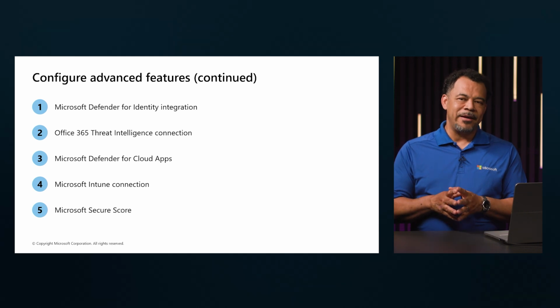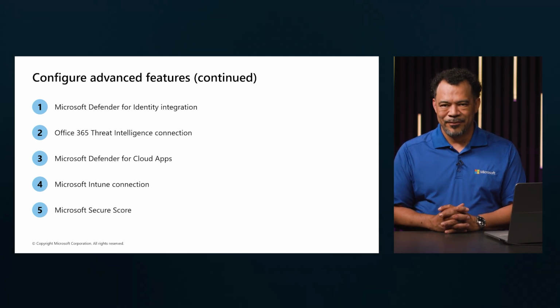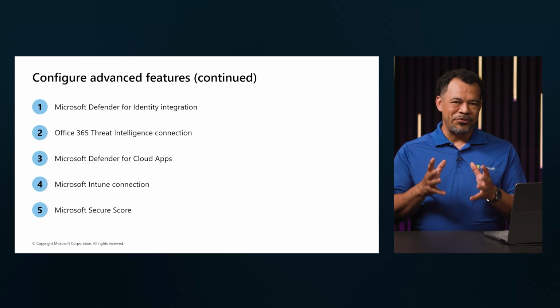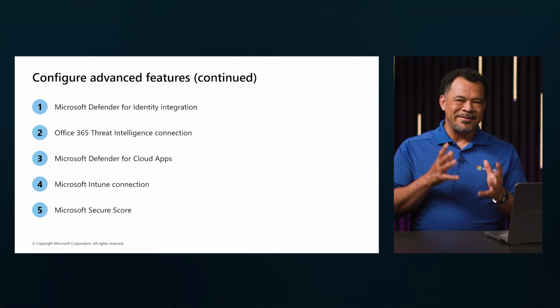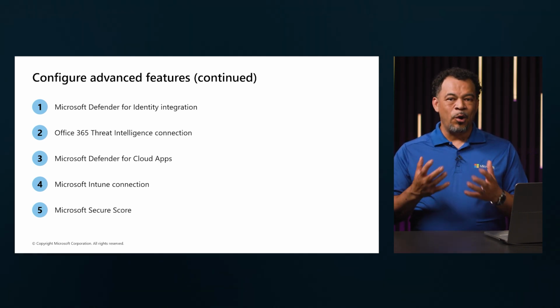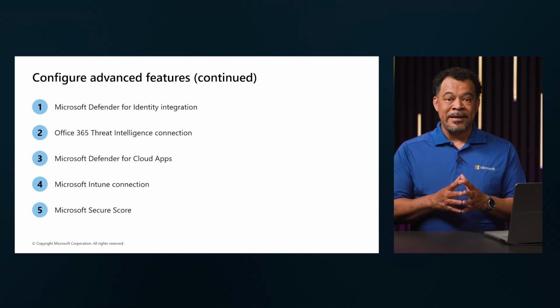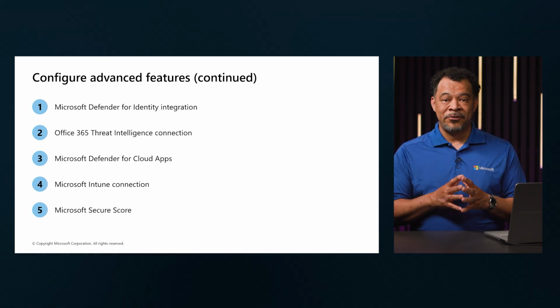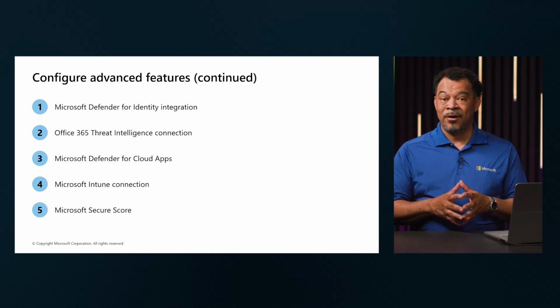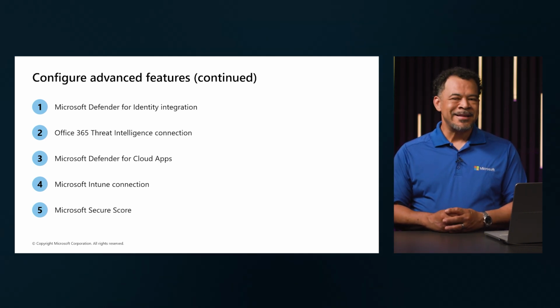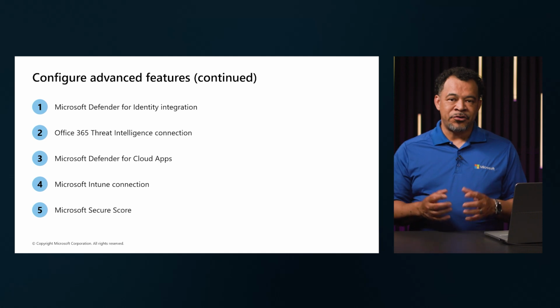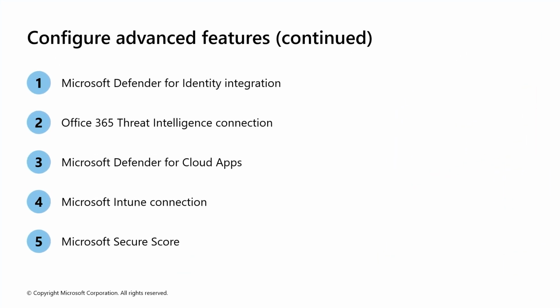And then finally, Microsoft Secure Score. The Microsoft Secure Score uses Defender signals to assess and improve the overall security posture. It gives you actionable recommendations based on real-time data from your endpoints. Together, these integrations create a connected, intelligent defense system that helps us respond faster and even more effectively across the entire digital estate.